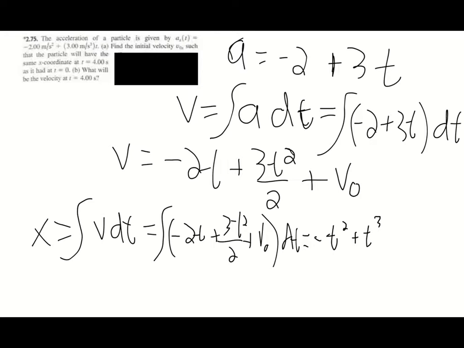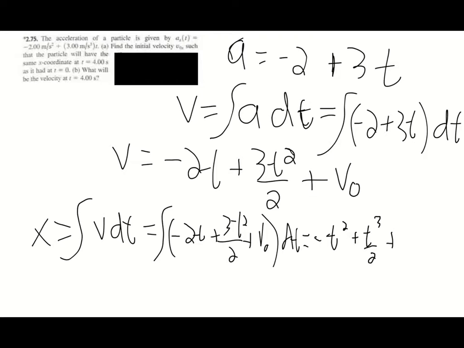Notice that it's actually 3t cubed over 6, because the 2 is still going to remain, but the 3's divide out.